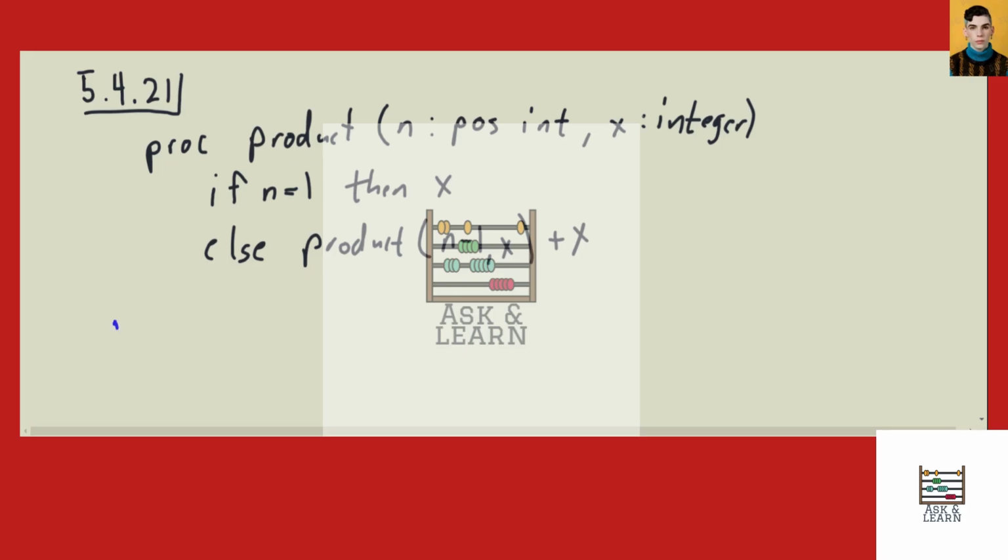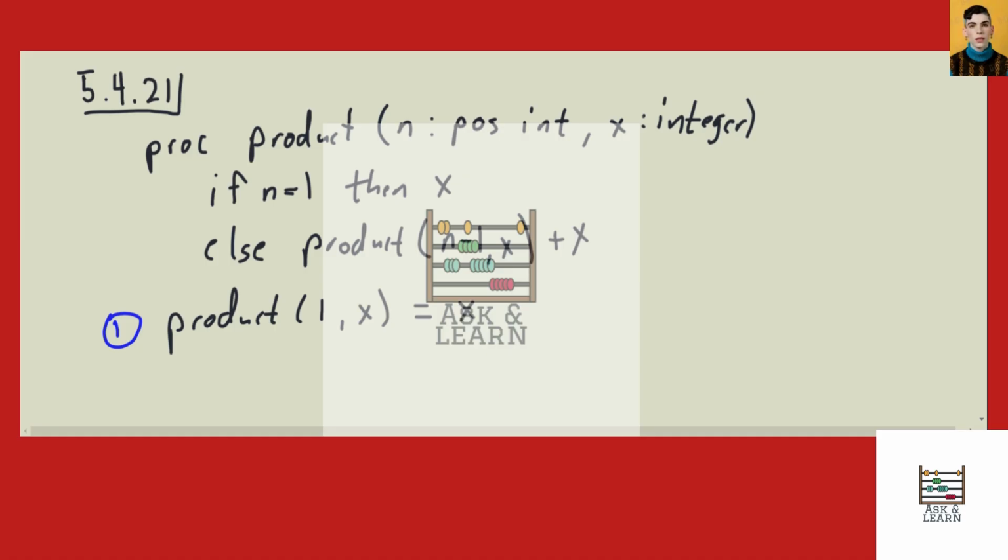So the first step with proving an induction is you need to prove the base case. In this case, it's n equals 1. So we want to prove that product 1x equals x.